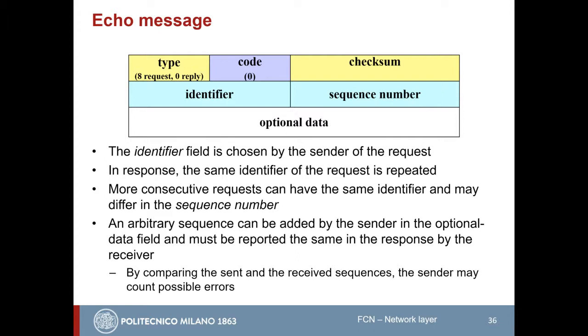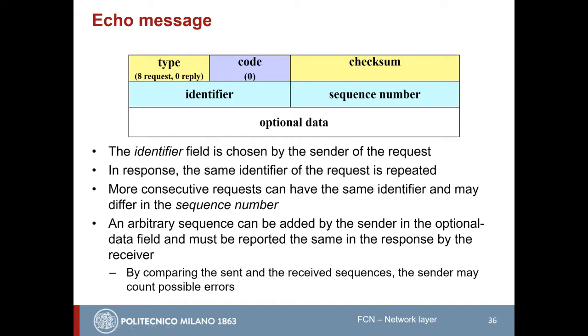And then in this optional data field, the sender may decide to include a random sequence of information, for example, text or something like that. And if the receiver receives a request with this optional data, the receiver is obliged to send in the reply the same sequence that was contained in the request.